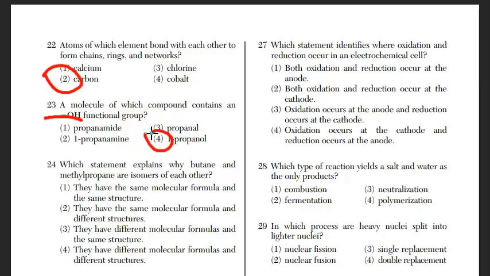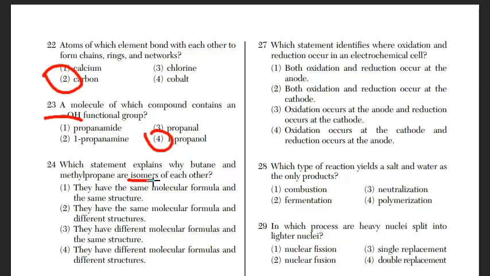In 24, which statement explains why butane and methylpropane are isomers of each other? Again, I'm dealing with a definition here, right? If they're isomers, what that means is they have the same number of the different elements.